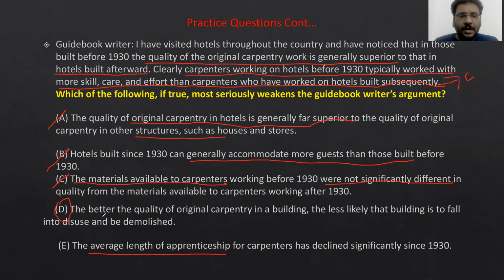So unlike option D, option D clearly talks about the quality of original carpentry. That's exactly the point in the argument. Here in option E, it talks about the length of apprenticeship, and it has nothing to do with the quality of original carpentry. So E can be eliminated. So the right option is option D.